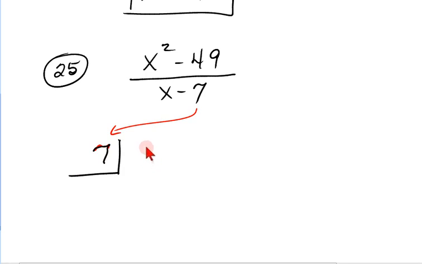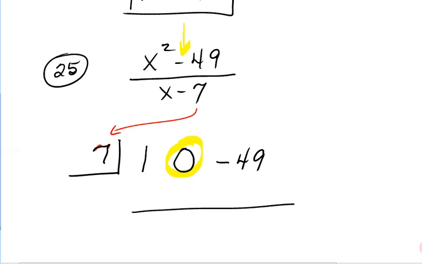First coefficient is 1. Second coefficient is, oh good, somebody saw it, a 0, and the constant is negative 49. What happened here? There's a gap. It goes from x squared straight to the constant. So I need this 0. You need those zeros whether you're in long division or synthetic. Leave a blank and draw a line.